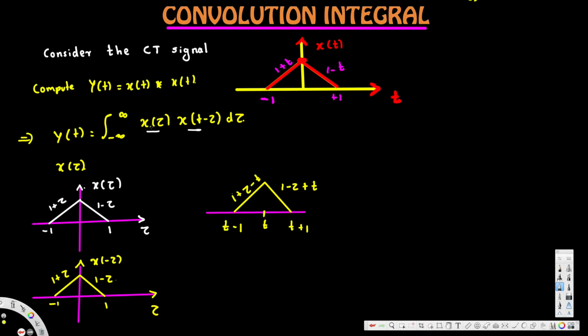We need to know the x of tau graph, that is this one, and the x of t minus tau graph, that is this one. Based on these two, we are going to create cases based on the regions; there are many cases. Let's see the cases.